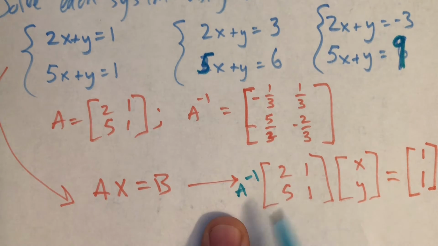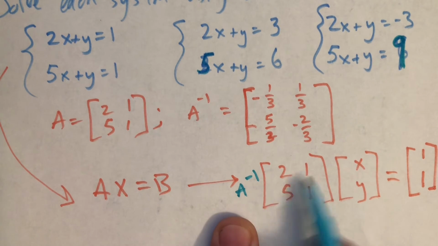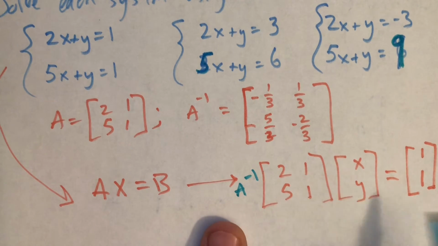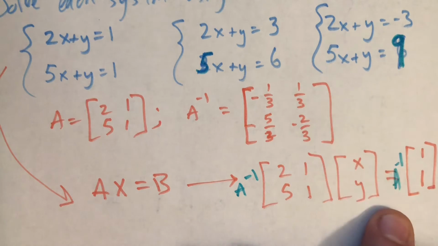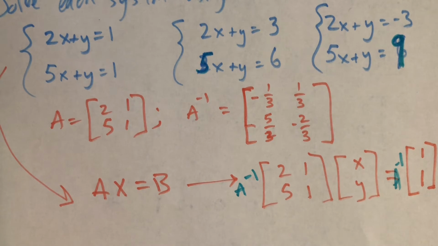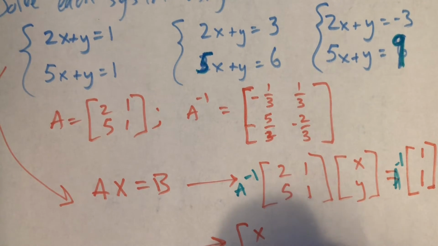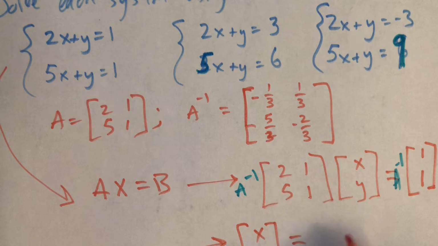That's just essentially going to go away, right? So this guy is sort of canceled out. And then on the right side, I'm going to have to multiply by my matrix inverse there. So this is going to give you an equation, x, y equal, well, this is going to be what we want.